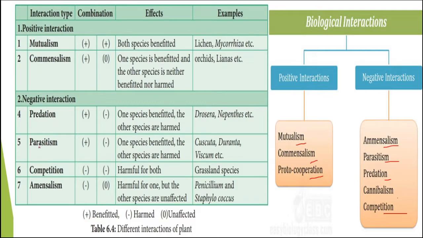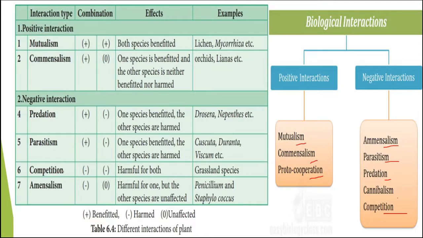Now next is parasitism, which is also a type of negative interaction in which one is getting benefit and the other is harmed. For example, Cuscuta, Duranta, Viscum, and others like different types of worms, then lice in the hair. Now next is competition.